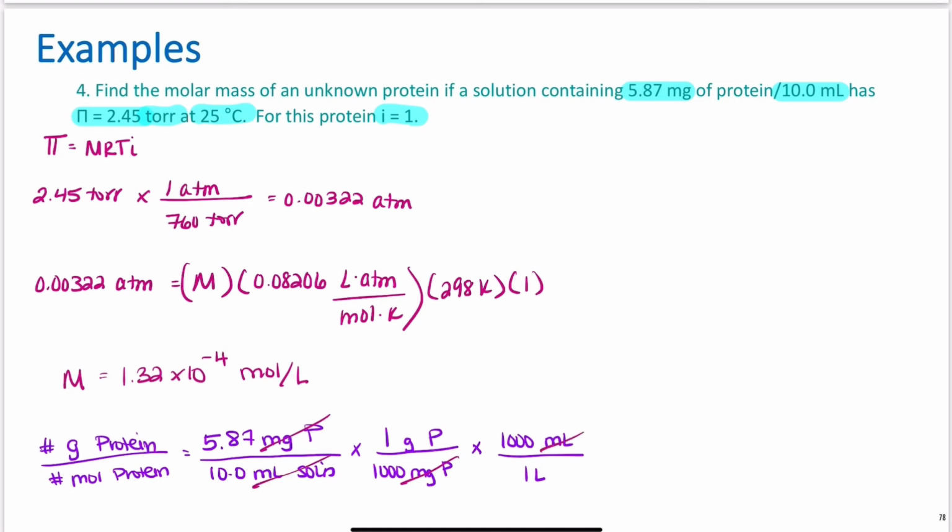I've got grams per liter. But I also have molarity. The molarity tells me 1 liter of solution contains 1.32 times 10 to the minus 4th moles of my protein.